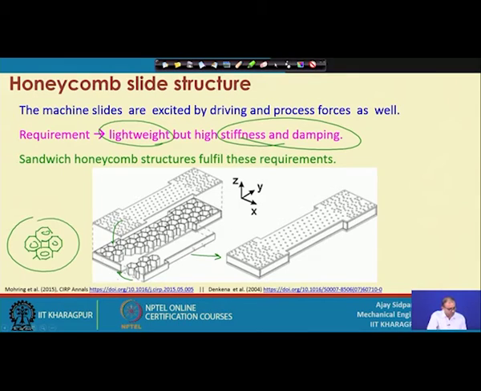Now you might have seen this type of structure in packing, because when you pack any very sophisticated or very sensitive instrument, at that time from the outer side you put this type of box. So, it is mostly a foam, honeycomb structure, foam with honeycomb structure.